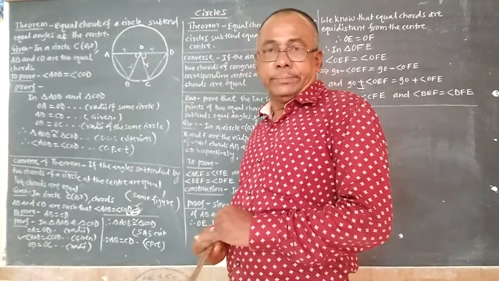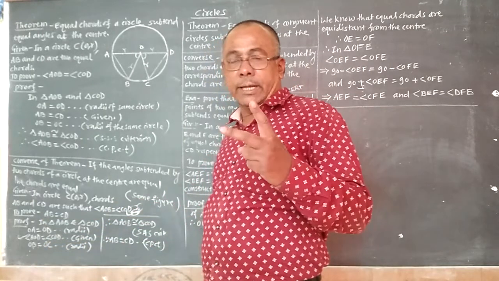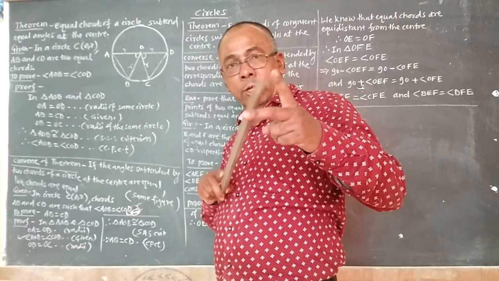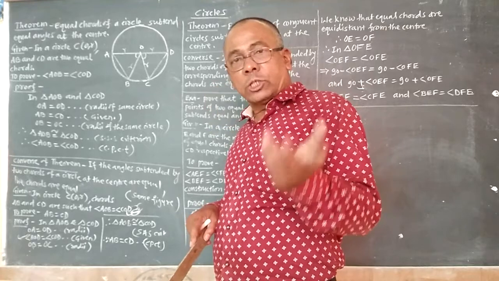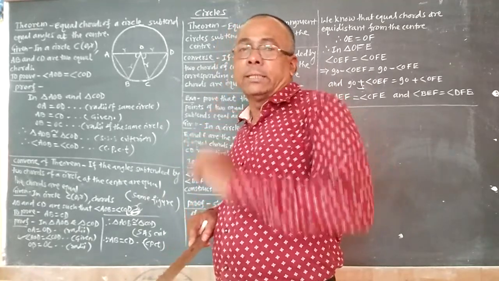Then it is seen that two sides of a triangle and the angle included by them of one triangle are equal to corresponding two sides and angle included by them of the another triangle.